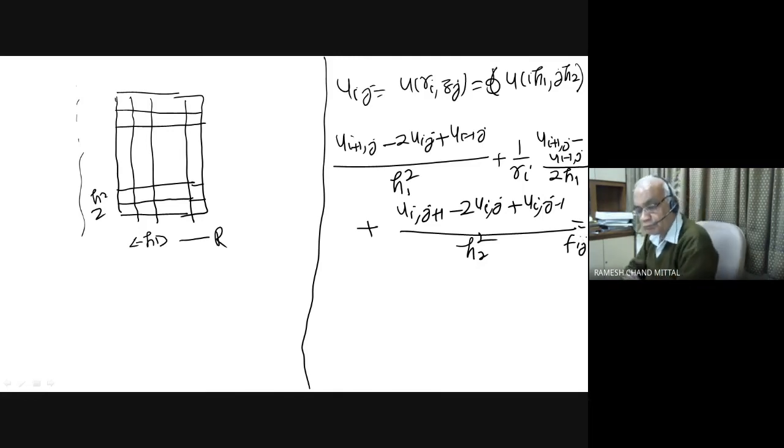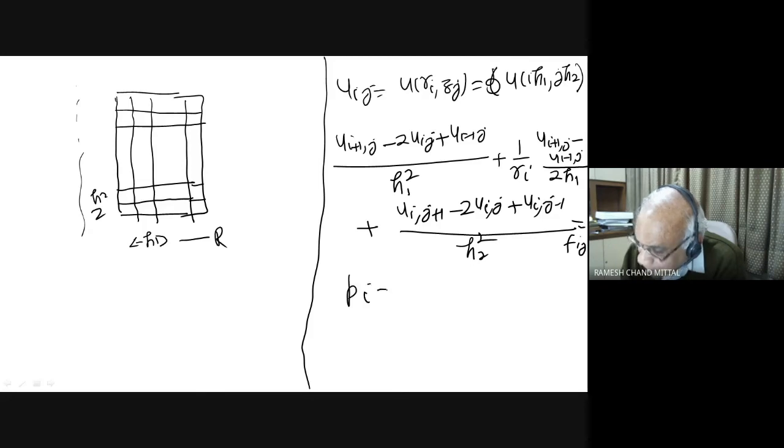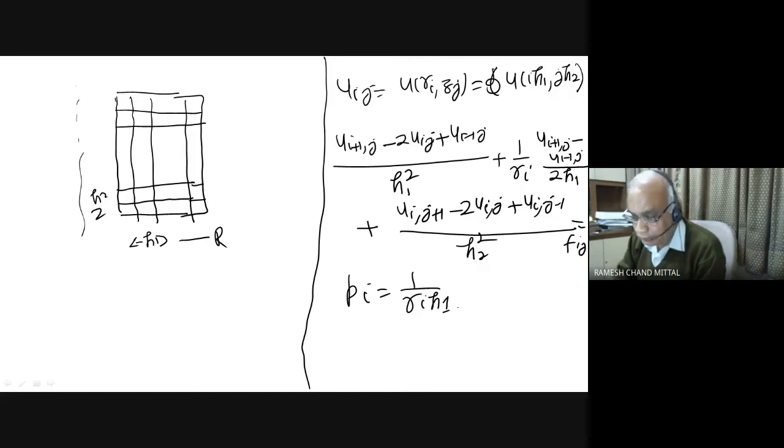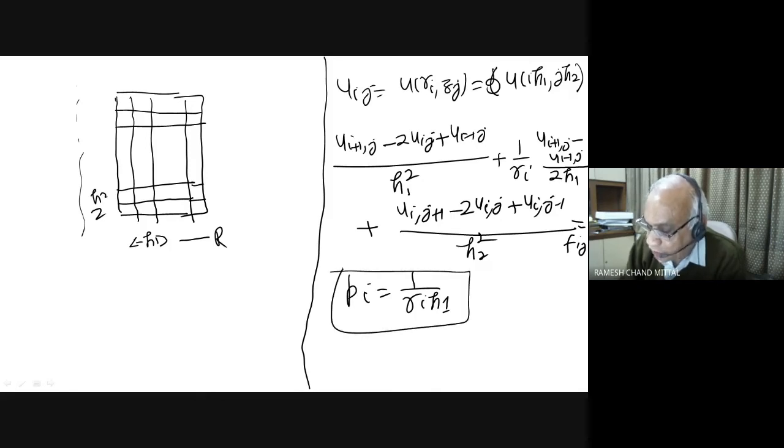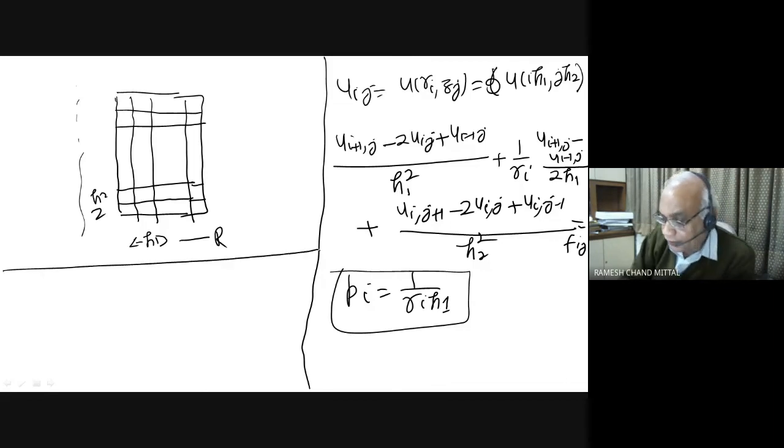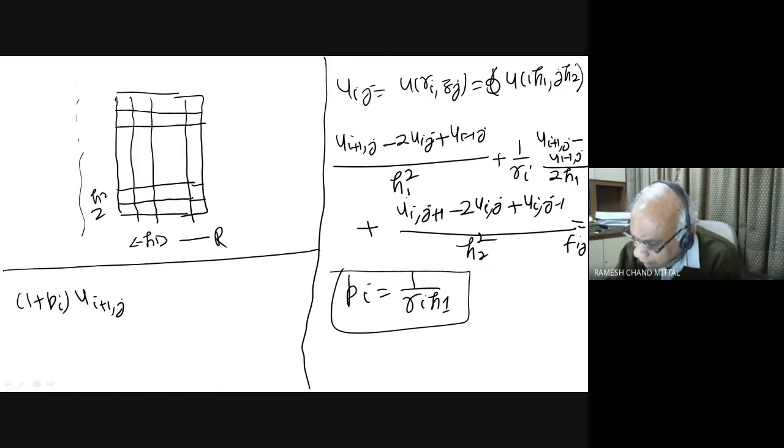Any issue, please? No issue, sir. Now I denote Pi = 1 upon Ri H1, because this is coming here. So if I write Pi, this equation will become: U(i+1,j) and U(i-1,j) with plus sign, so (1 plus Pi) U(i+1,j), minus... I multiply by H1 squared so that my life becomes easier.